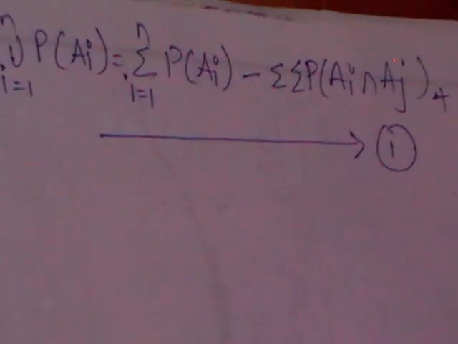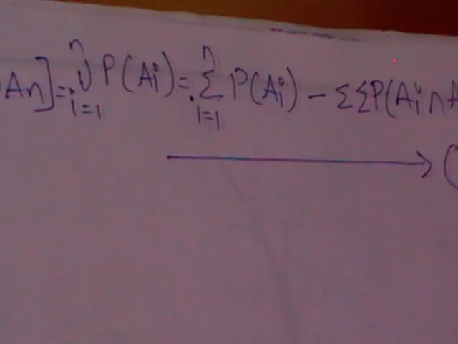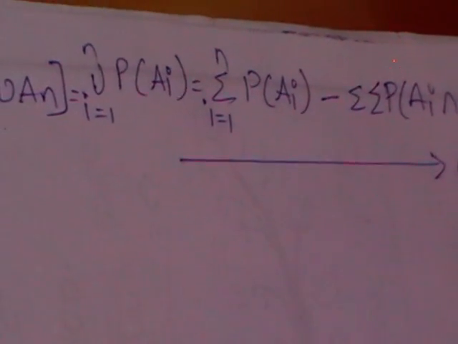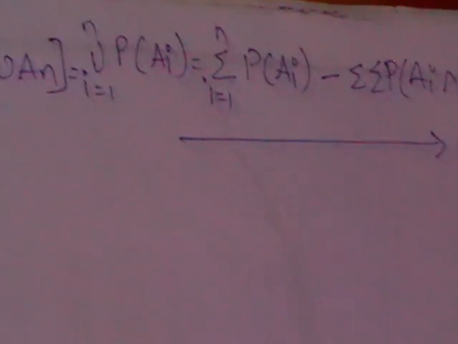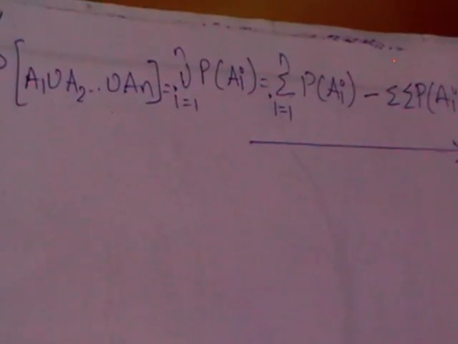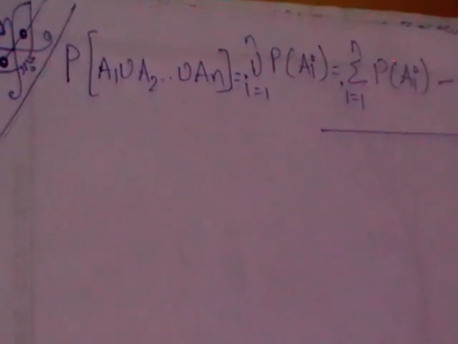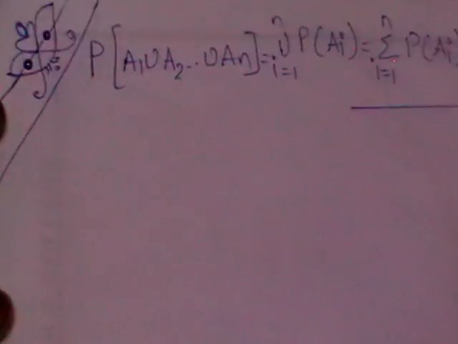Here we should start with a minimum of 2. The second case, we assume that it is true at n is equal to some value r or k, and we prove that it is true at n is equal to r plus 1.